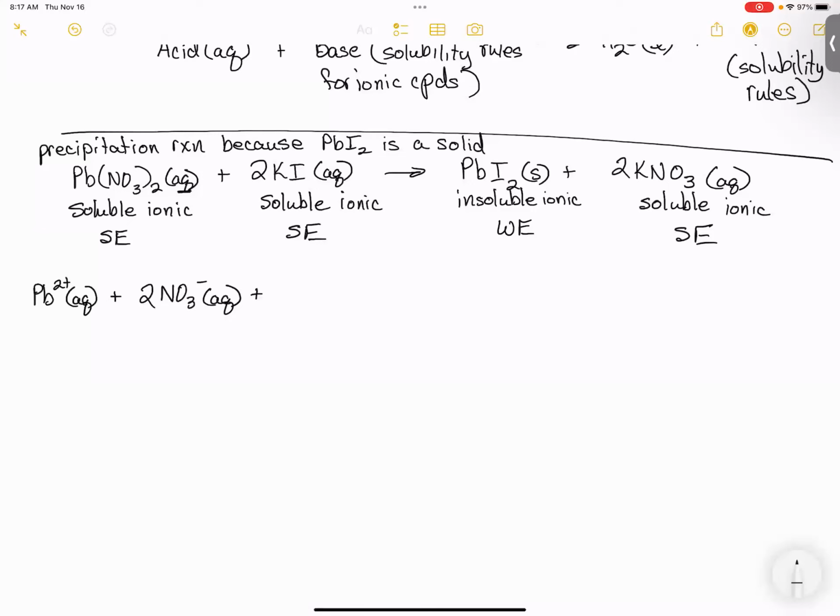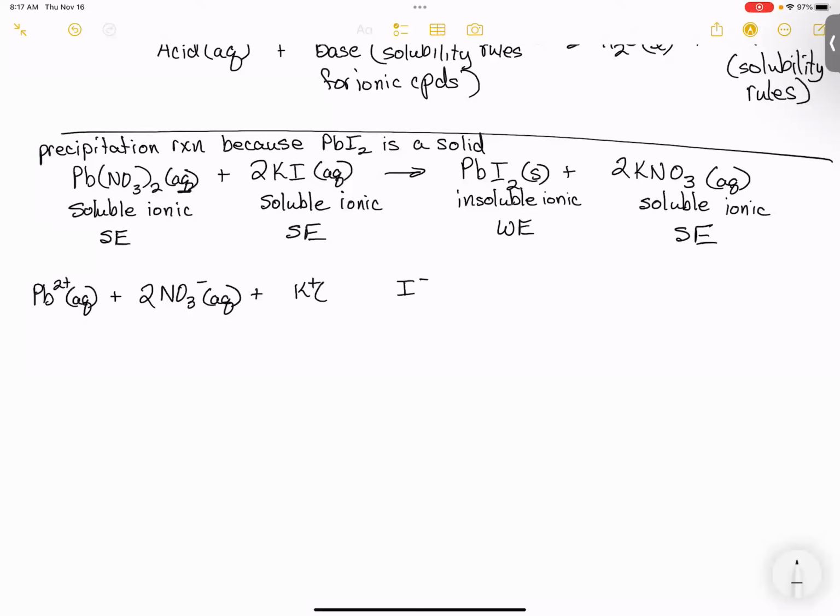Now our potassium iodide, what is the cation? Potassium, and what's its formula? K plus. And what's the anion? I what? What's its charge? I minus.